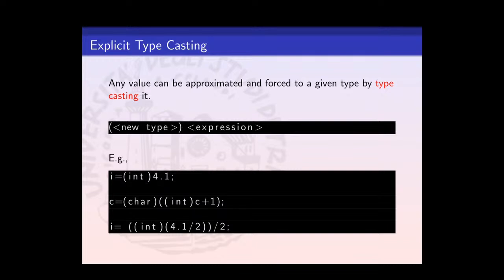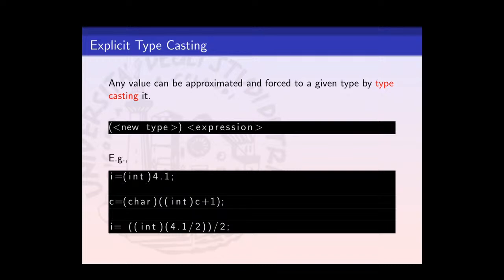There is another kind of typecasting named explicit typecasting. With explicit typecasting, we are forcing, in some sense, the expression to assume a certain type. To do it, we have to use the syntax you can see here.